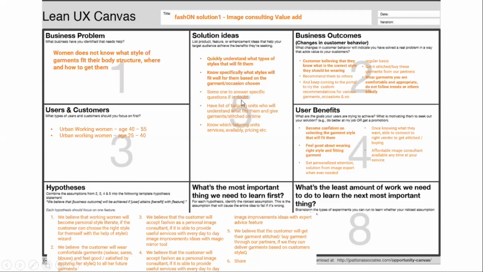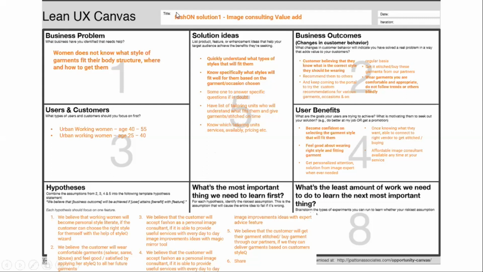That is one feature we need to have, which will help them identify quickly. They should know specifically what styles will fit well for them based on the garment and occasion chosen. So based on the garment type and the occasion, they should know which style will fit them. And you list down such ideas and features as the solution.